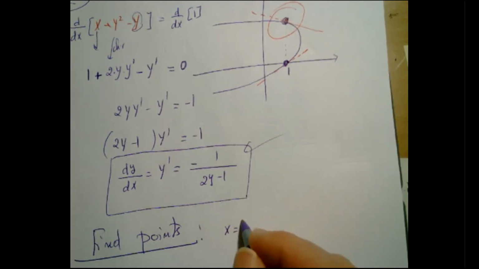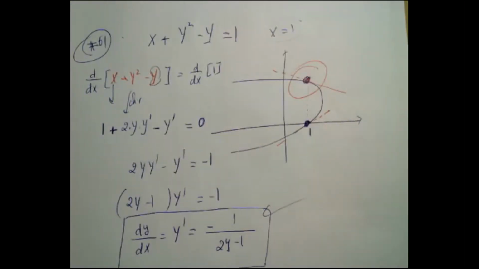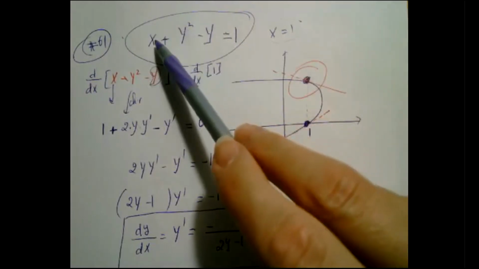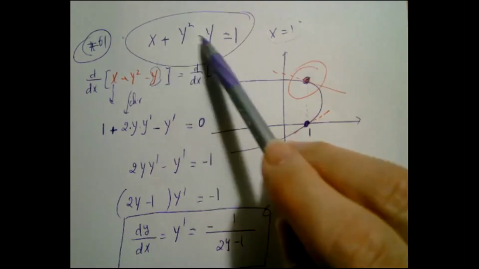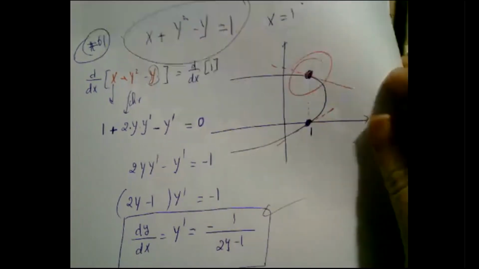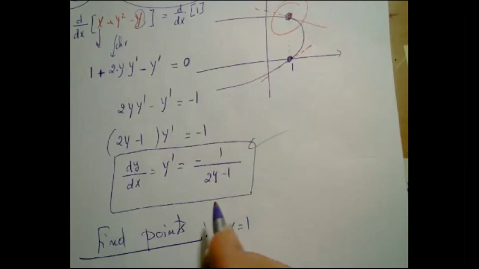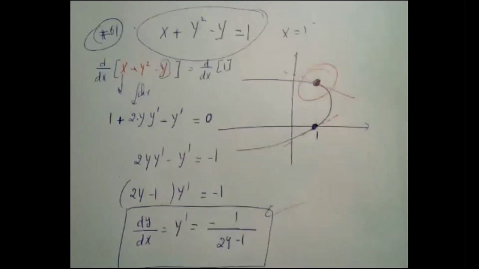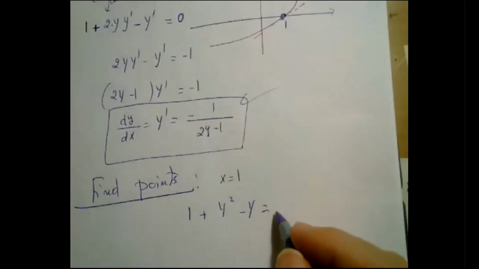Suppose x equal to 1. So we know x equal to 1, and the point is on the curve. It means to find the y, I'm going to plug in 1 in here and solve for y. So I will have 1 plus y squared minus y equal to 1.